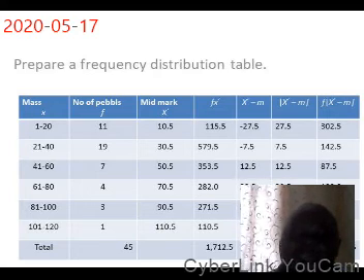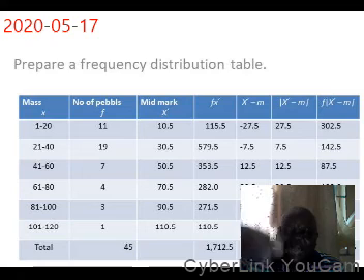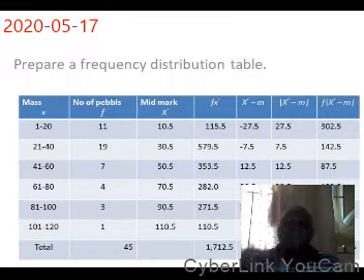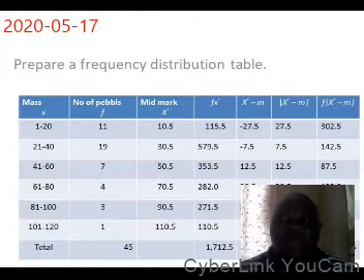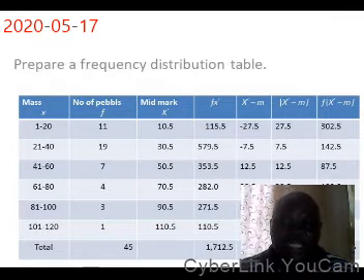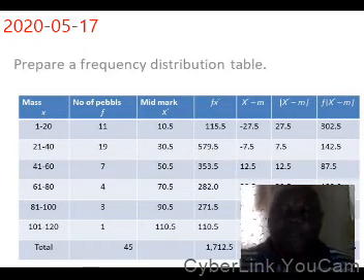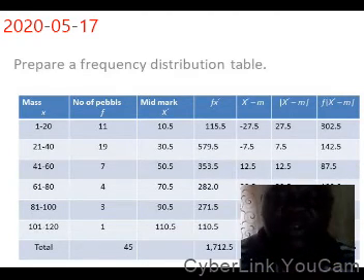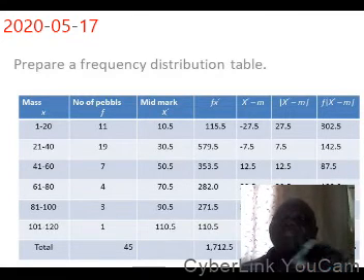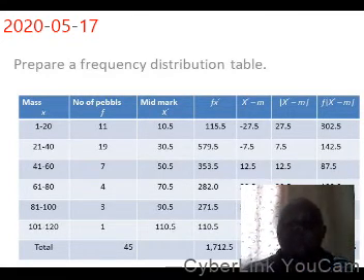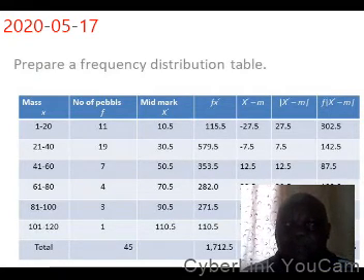Now, after calculating the first one, if it is a regular class interval, then you just begin to add 20, the class width, to 10.5. We have 30.5, plus 20, 50.5, plus 20, 70.5, plus 20, 90.5, plus 20 again, 110.5. Of course, if you still want to calculate it individually, you are free.